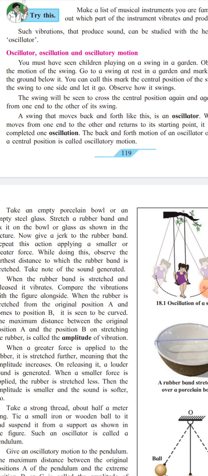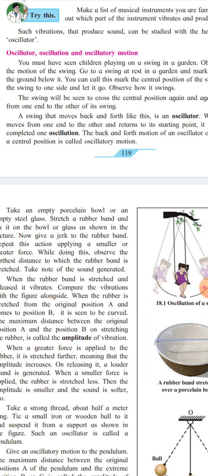Now pull the swing to one end and let it go. Observe how it swings. The swing will seem to cross the central position again and again as it moves from one end to another in its swing. A swing that moves back and forth like this is an oscillator.